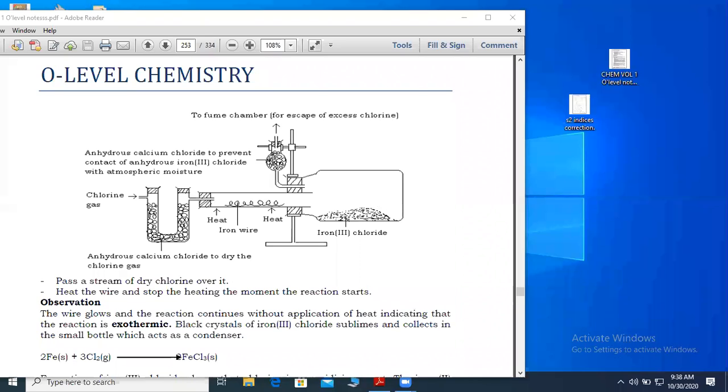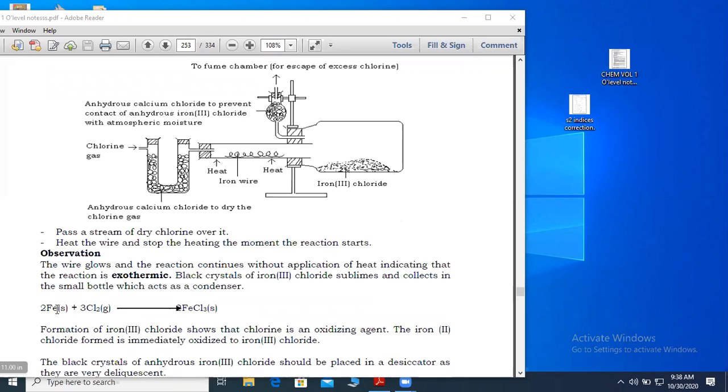So this reaction is exothermic. So when chlorine is passed over heated iron wire, it forms iron 3 chloride. It does not form iron 2. Take note. The product is iron 3 chloride. We usually ask for the observation. The observation is the iron grows red hot and continues to burn.